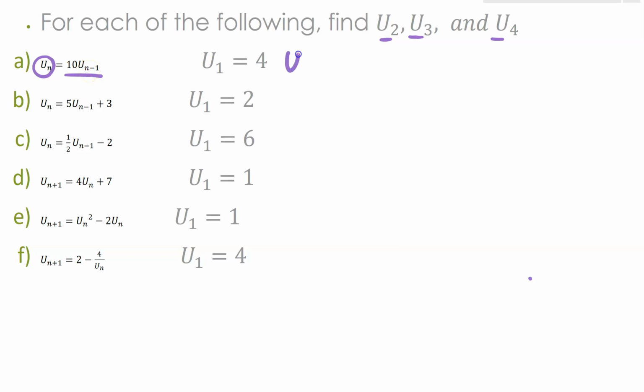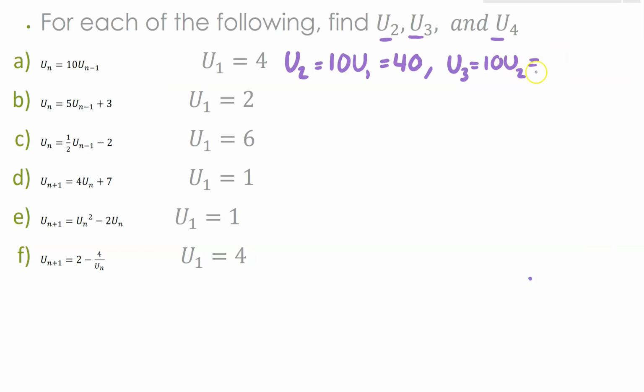So in other words, to get U2, I would have to do 10 times. Now, if n is worth 2, n minus 1 is going to be worth 1. So U1. U1 is worth 4, so that means that's going to be 40. To get U3, I would have to do 10 times. Now n was worth 3, so n minus 1 is going to be U2.